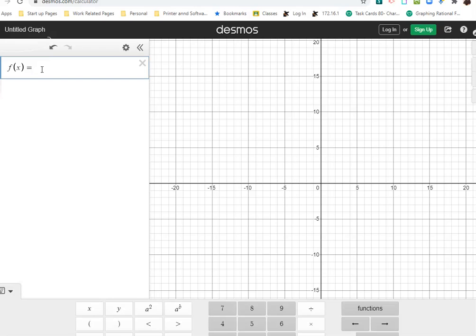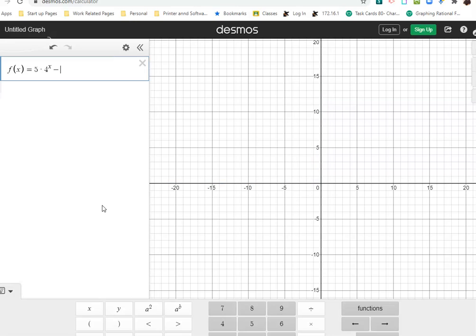And I chose 5 times 4. And then to do an exponent, if you hold shift and 6, it'll move the cursor up, and then you can type x in the exponent.